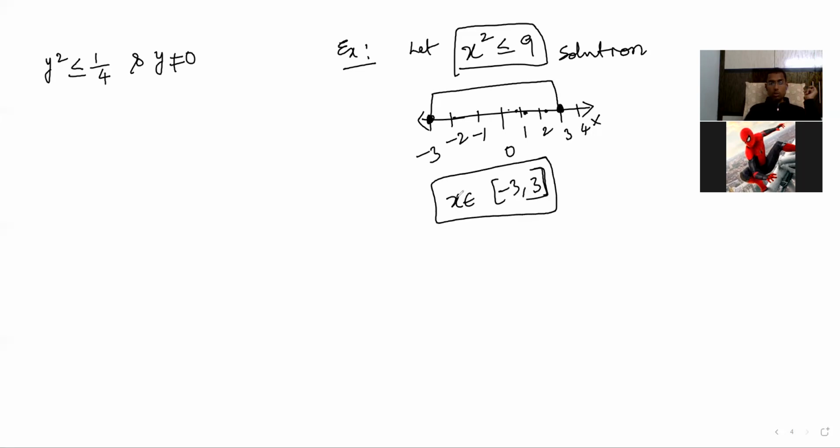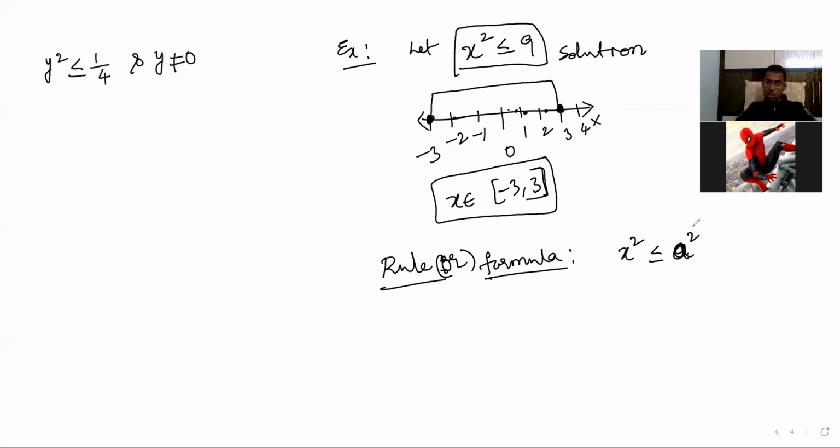Okay. Now I am giving one rule, or formula. What is the formula? x square is less than or equal to a square. Here in this case, 3 square.